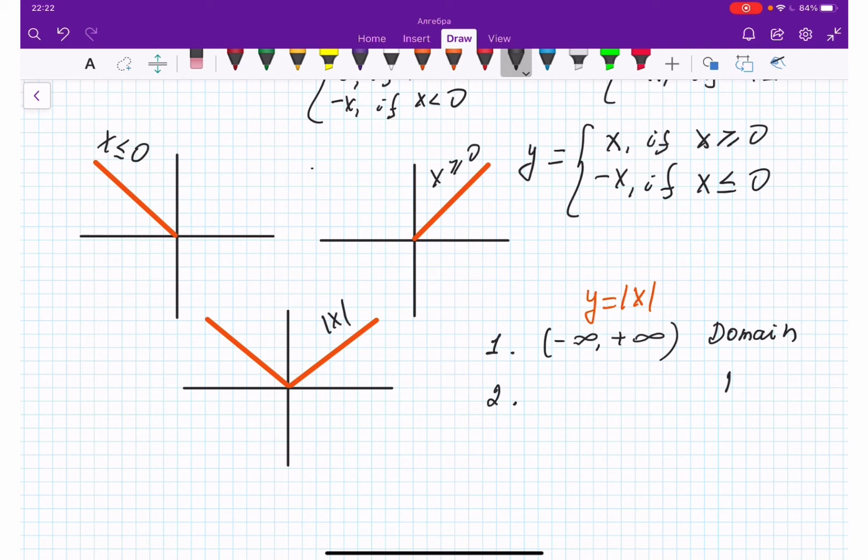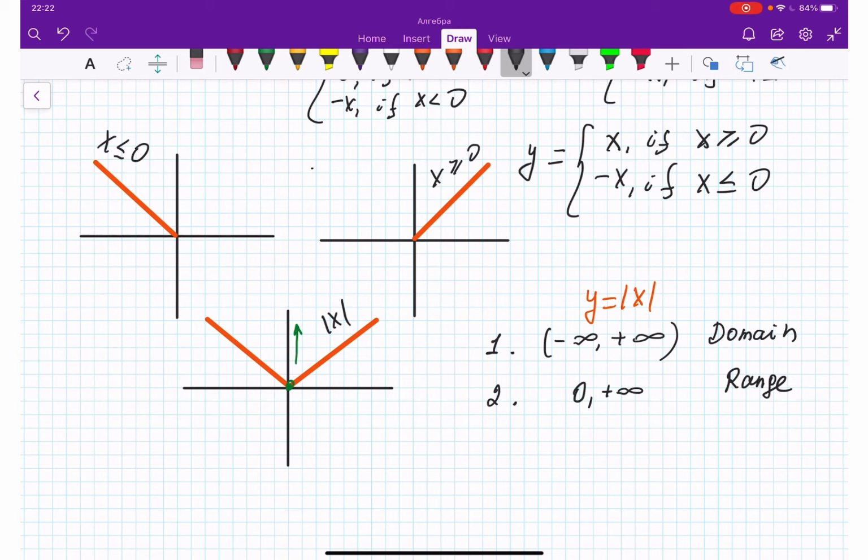Let me write down here: only non-negative. See, it starts with 0, right here, and goes up, the value of y. So it is going to be from 0 to plus infinity.